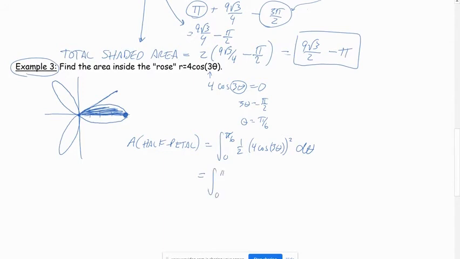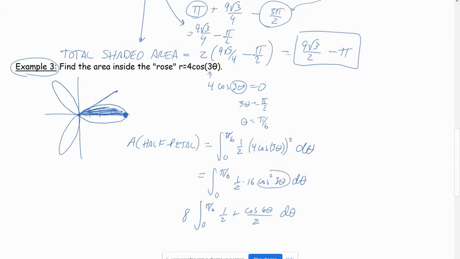And so that's 0 to pi over 6, 1/2 of 16 cosine squared 3 theta d theta, and that is 8 times the integral from 0 to pi over 6, and then the cosine squared we can write as 1/2 plus cosine of 6 theta over 2 d theta.